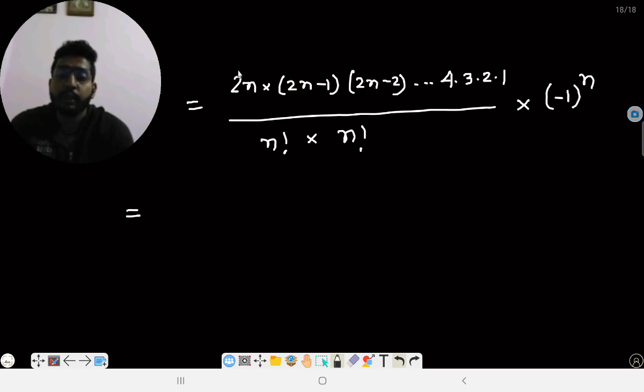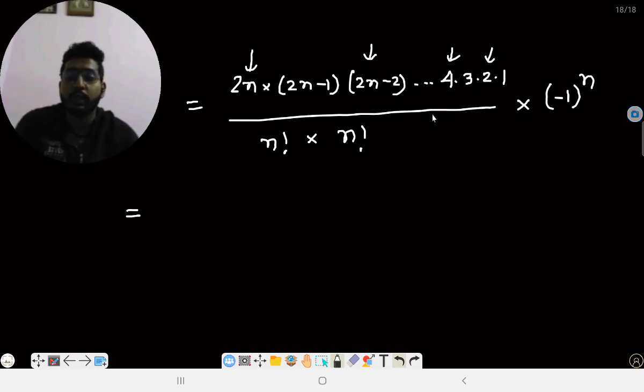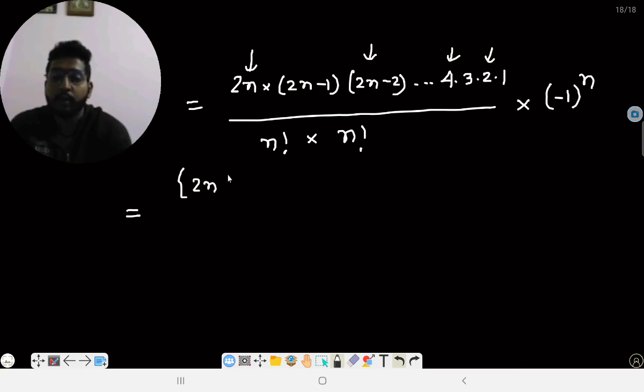Now look at it properly. There are some even terms: 2n, 2n minus 2, 4, 2, those are the even numbers. And 2n minus 1, 2n minus 3 and so on, 3, 1, those are the odd numbers. So we will separate them, even and odd. First I am separating the even: 2n, then 2n minus 2, then 2n minus 4, and 4, 2.